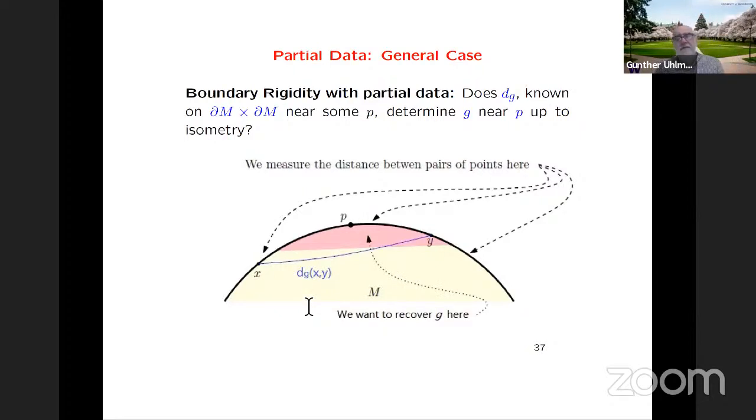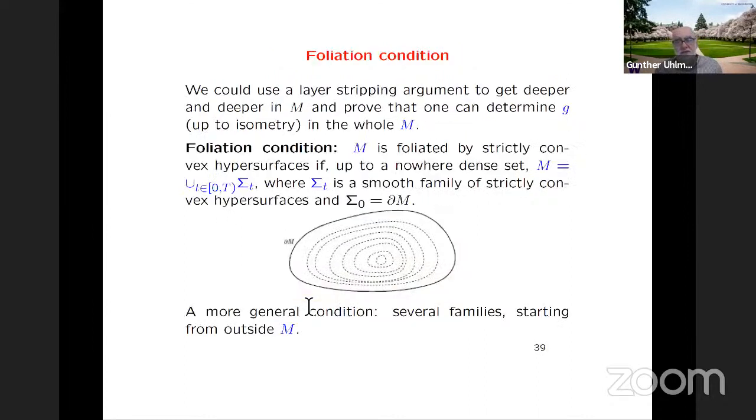So here comes the foliation condition. We do what's called a layer stripping argument. So it's like peeling an onion. You solve the problem locally near the boundary. We know how to do that from the previous result, even constructively.